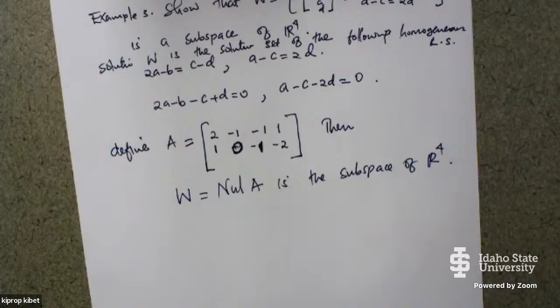Since this is the solution of a homogeneous linear system, that means W is the null space of A. Okay.